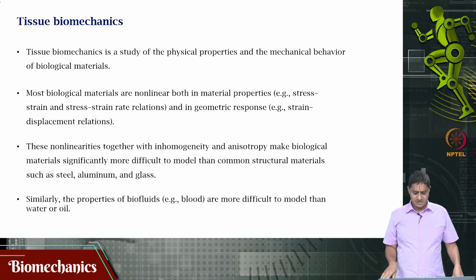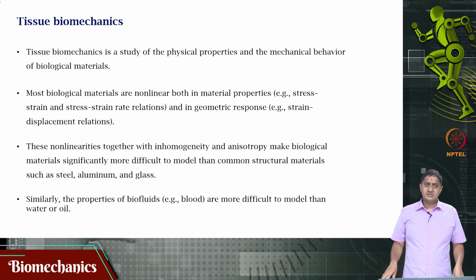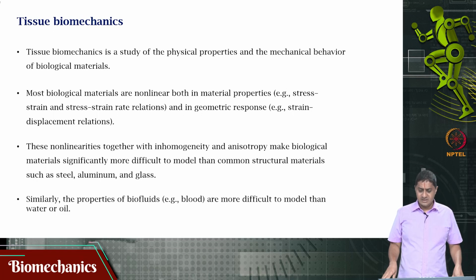So, most biological materials are not linear, either in material properties, for example, stress strain or stress strain rate relationships, or in geometric properties, geometric responses such as strain and displacement relations.